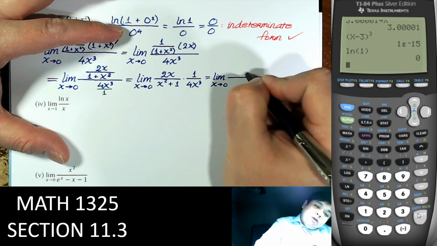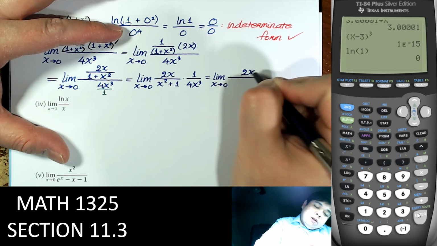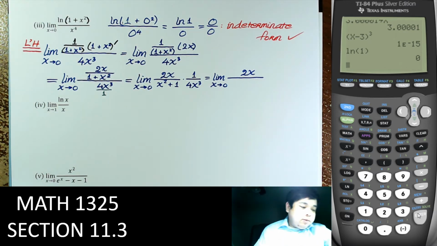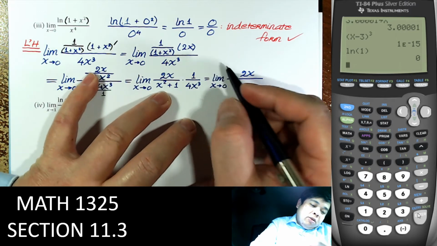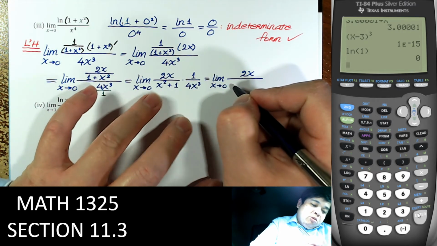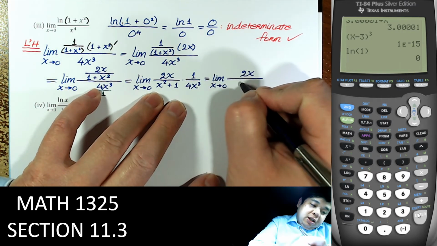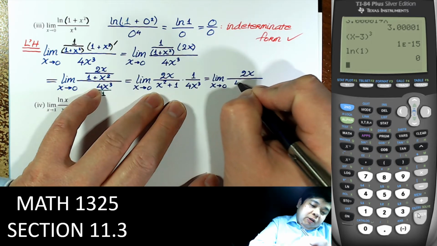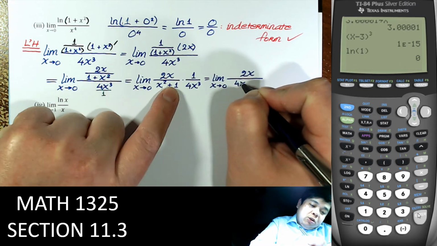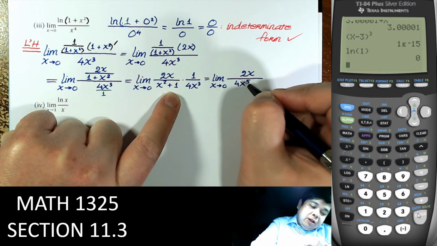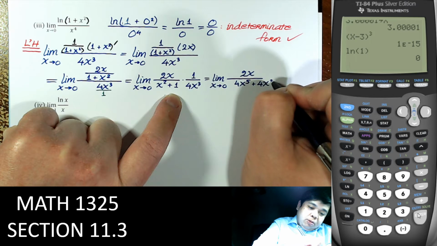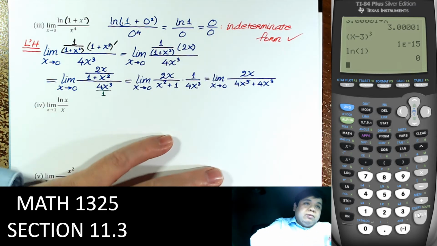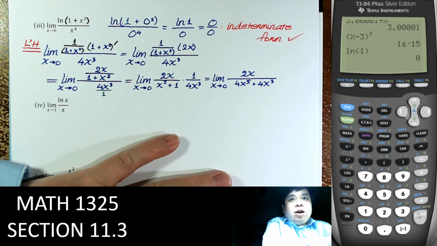We have 2x on the top, and then at the bottom, 4x cubed times that. I've run out of space here, but it's 4x to the 5th plus 4x cubed.